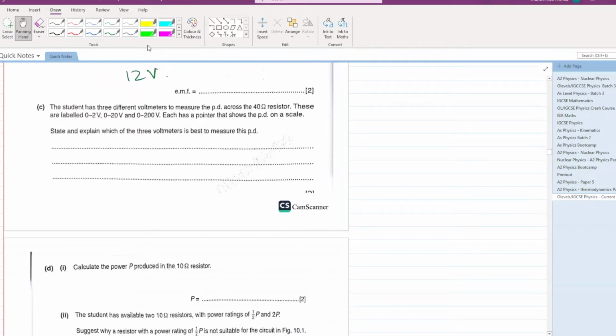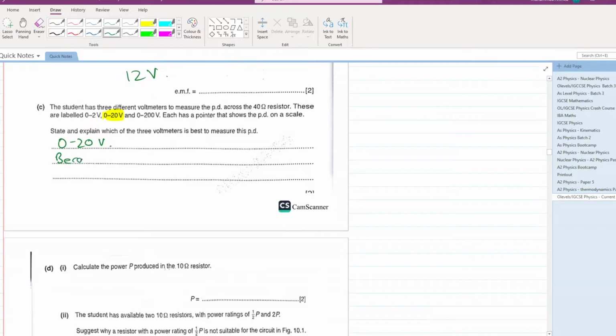Very easy. There are three labeled voltmeters: 0 to 2 volts, 0 to 20 volts, 0 to 200 volts. Which will we use? We will use the 0 to 20 volts voltmeter. State and explain. What is the reasoning?